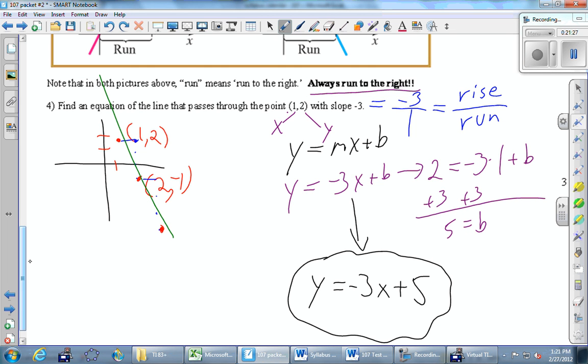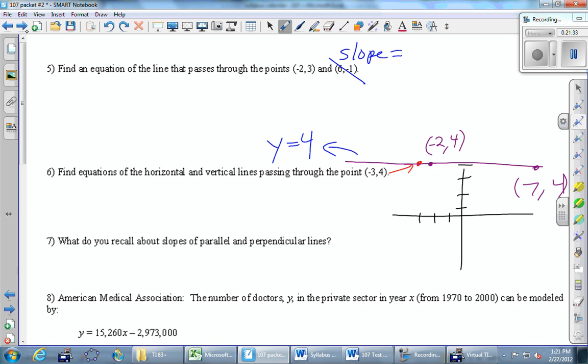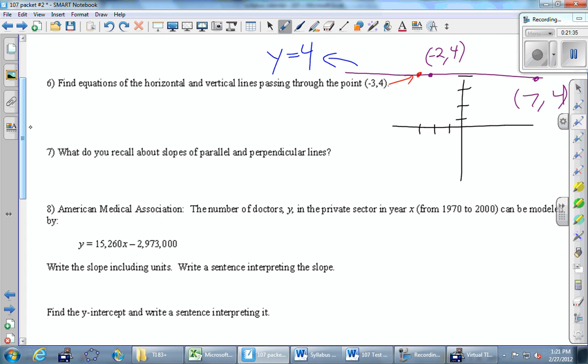Every single point, x, has a corresponding y. It's not that. You can pick any x that you want to. What's the answer for y every time? It's 4. So the equation of that line is y equals 4. And I will say that the equation of every horizontal line is y equals some number. You just have to think about what that number is.